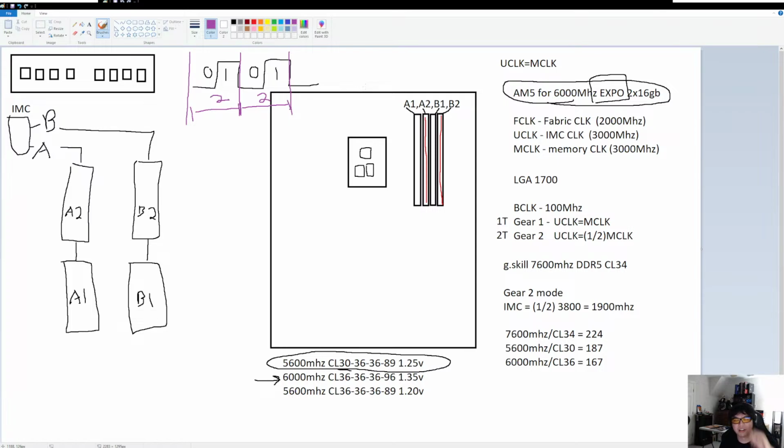It just always is that. And then U-clock and MEM-clock are the ones that are going to be 1 to 1 until you hit about 3 gigahertz. Once you go above 3 gigahertz, the U-clock can't really go above 3000 and be stable. So I think that's part of it.